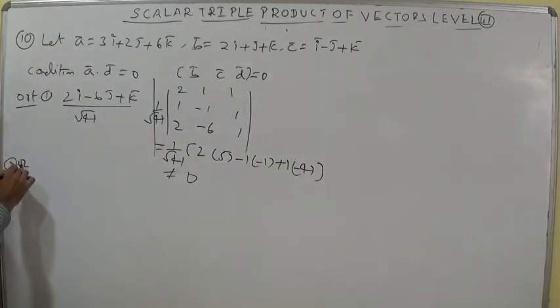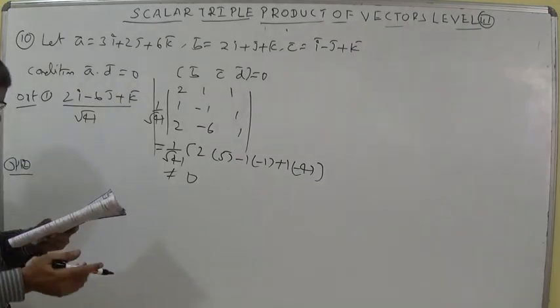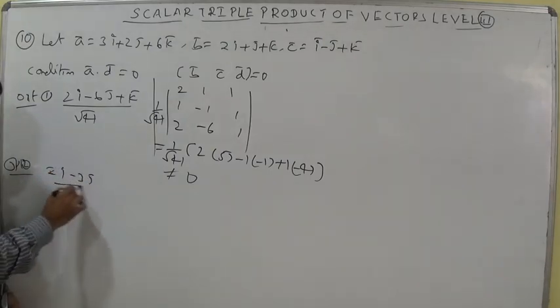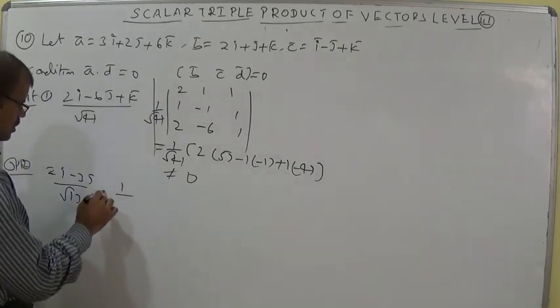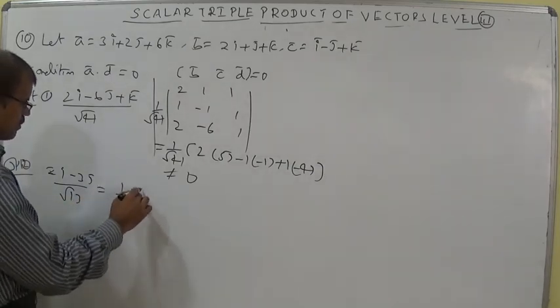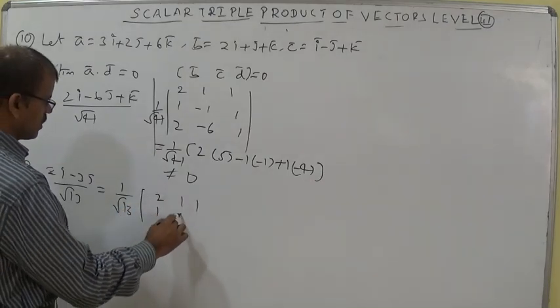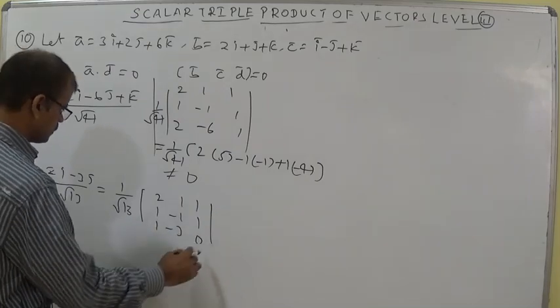Let us discuss the second option. Using the coplanarity condition, 2i minus 3j by root 13. Using the same data, I am writing 1 by root 13 into the determinant of 2, 1, 1; 1, minus 1, 1; 2, minus 3, 0.